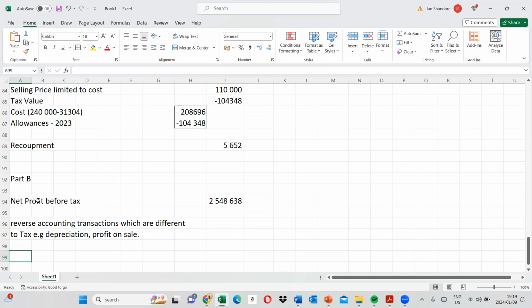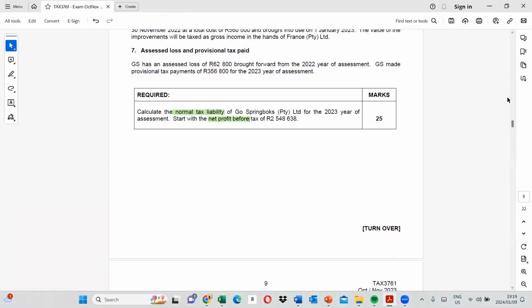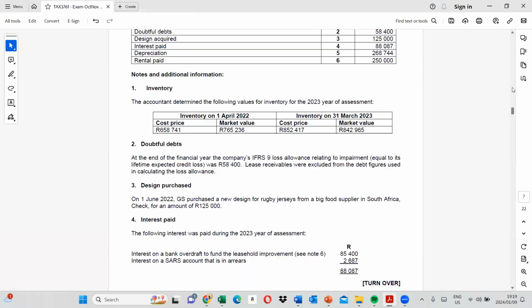Remember, interest for companies is actually not exempt. It's only interest for individuals which is exempt. And then you have other things as well that you have to pay attention to. So let's quickly look at it and see what transpired.